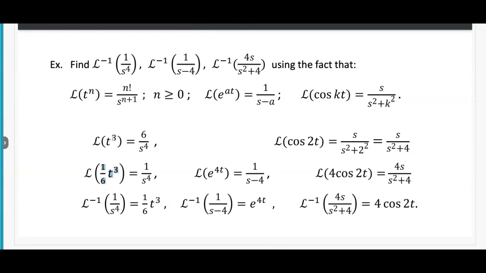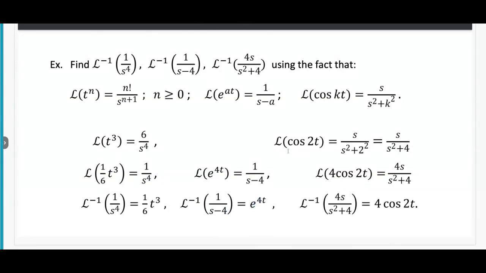If we do t cubed divided by 6, that's 1 over s to the 4. Basically, the inverse Laplace of 1 over s to the 4 is t cubed divided by 6. Laplace of e to the 4t equals 1 over s minus a, where a is 4 here. So the inverse Laplace transformation of 1 over s minus 4 has to be e to the 4t.